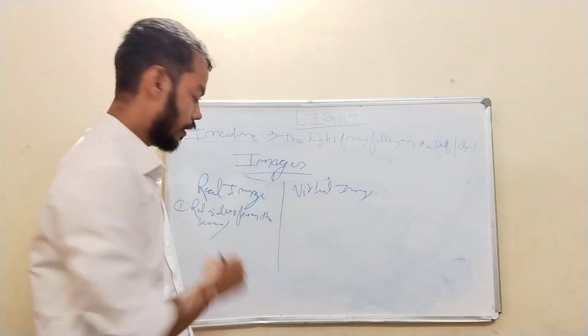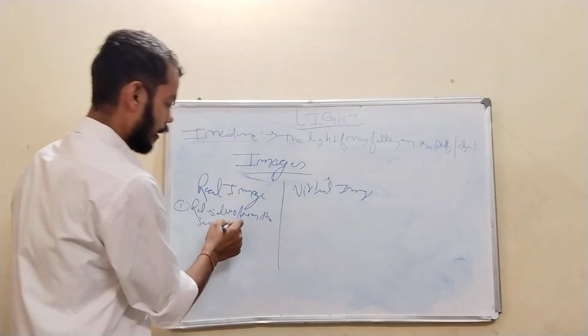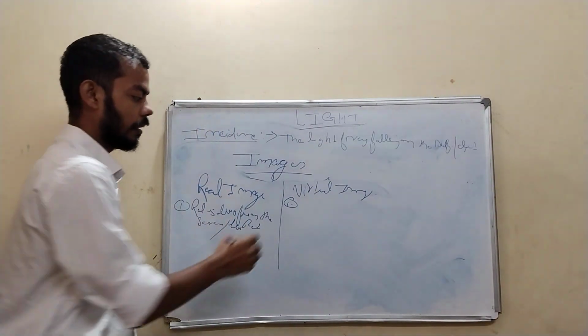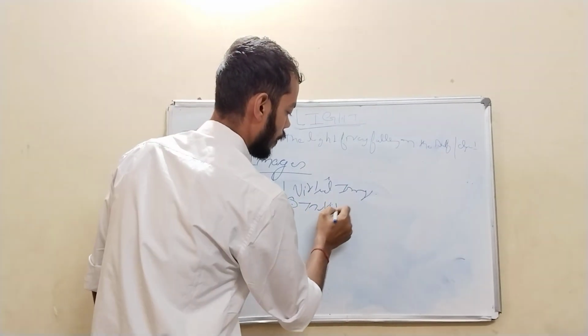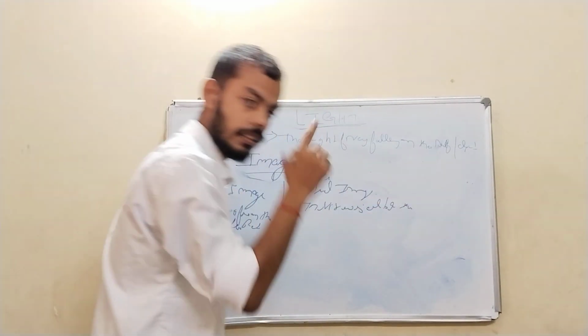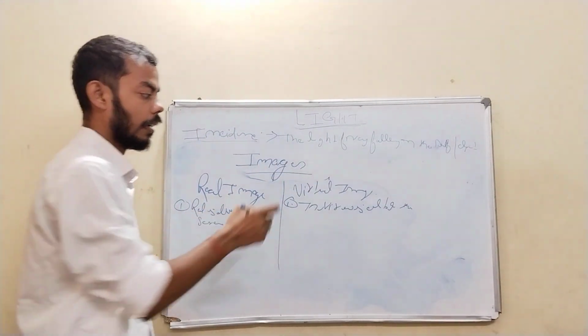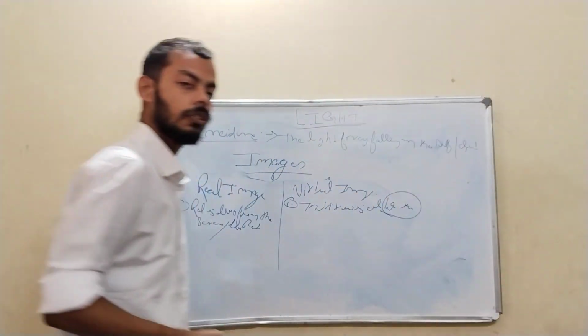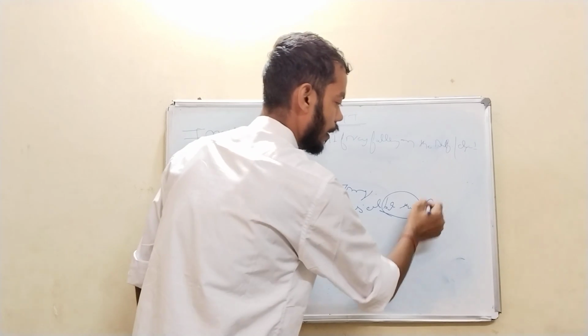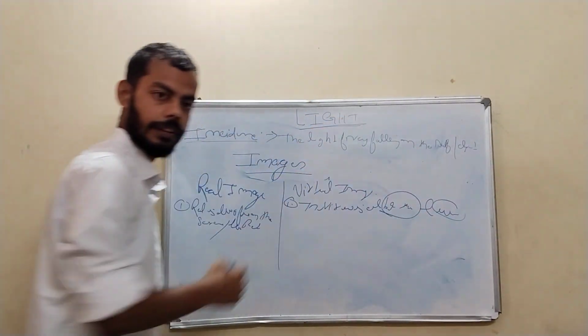In our eye, this screen is the retina. The virtual image is always formed behind the screen. Remember, it is not formed on the screen, it is always formed behind the screen, or you can say behind the mirror, deep inside the mirror.